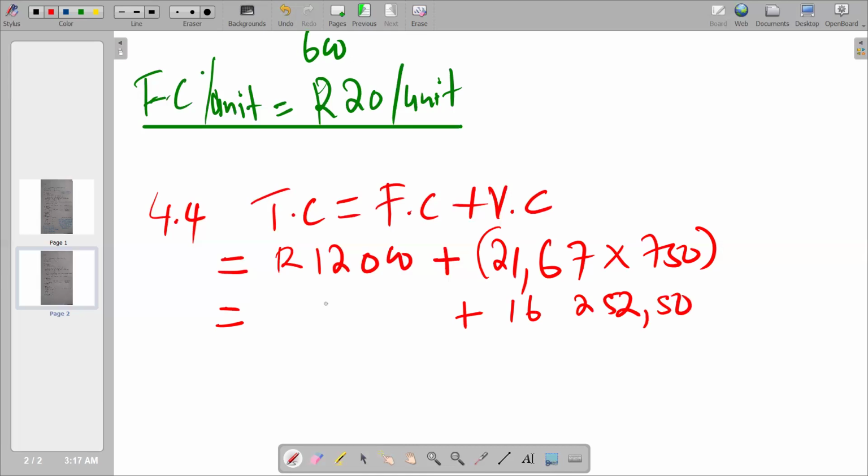And then here it remains as 12,000. We now add, and you're going to get your answer is 28,252 rands 50 cents. So this is our total cost.